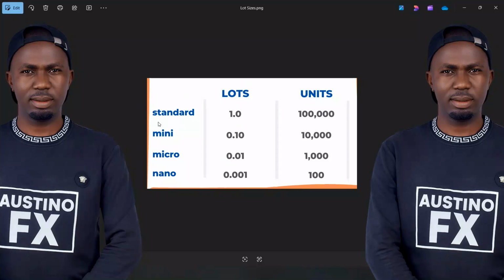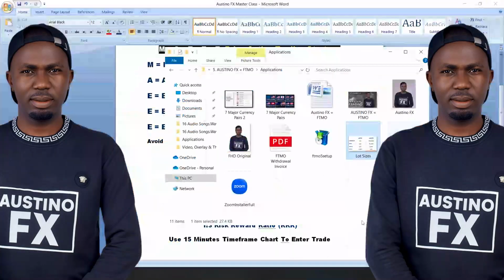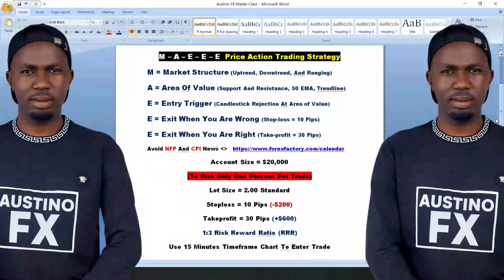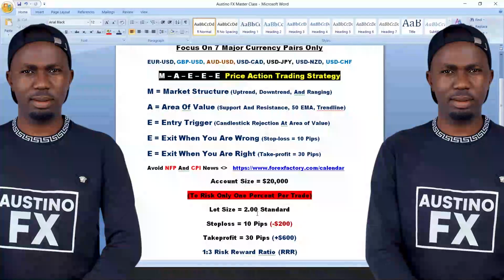So you need to understand lot sizes to understand the power of risk management in trading. Now let's go back to my trading plan. You can see clearly I'm using the 2 standard lot size. The standard lot size is from 1 to over 1,000. So everything depends on your capital.